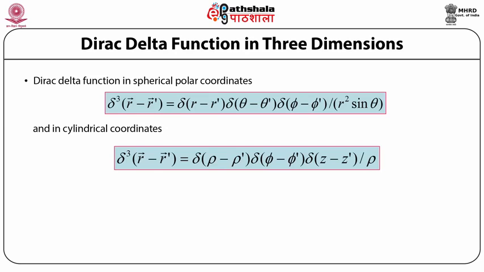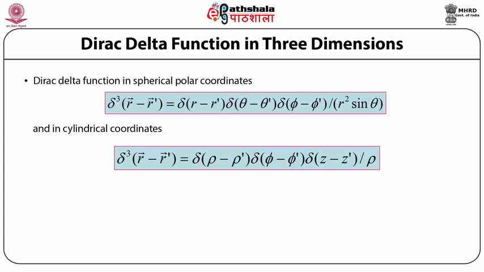Similarly, the Dirac-delta function in cylindrical coordinates can be defined as delta cube of vector r minus vector r prime is equal to delta as a function of rho minus rho prime times delta as a function of phi minus phi prime times delta as a function of z minus z prime, whole divided by rho.